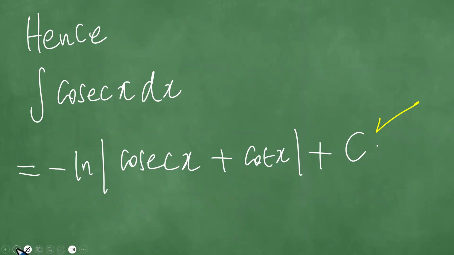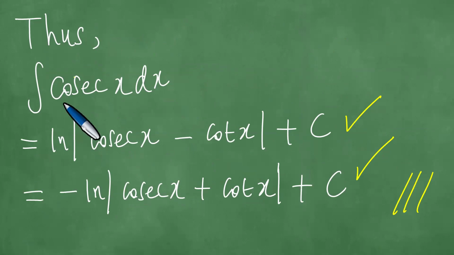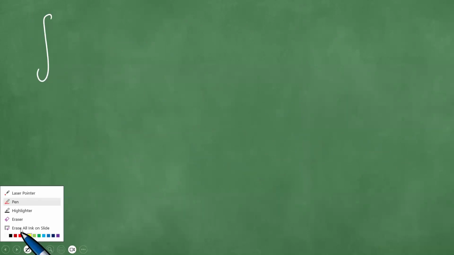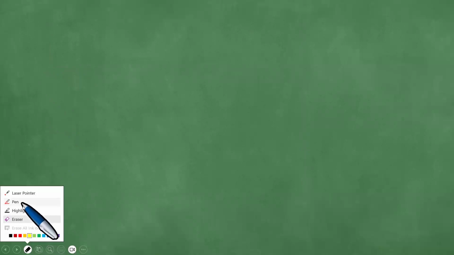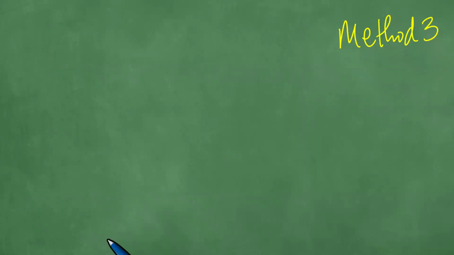Okay, and therefore here we went on to compare the two results. Right, next, I want us to use another method. So we have gone up to method 2, and now this one here is method 3.